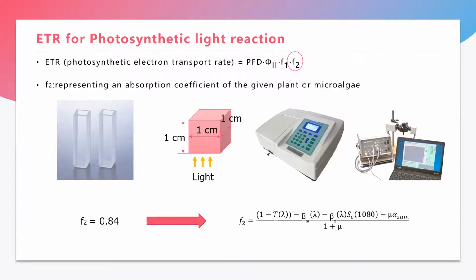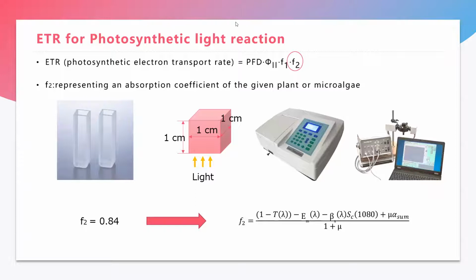So there is a classic indicator proposed by previous studies to show the actual photosynthetic capacity of light reaction in a certain instant. That is ETR, the effective photosynthetic electron transport rate. It has been widely used in thousands of studies related to plants and microalgae.